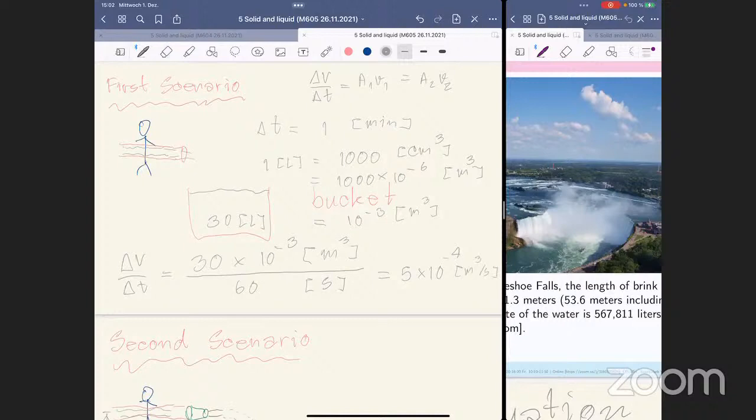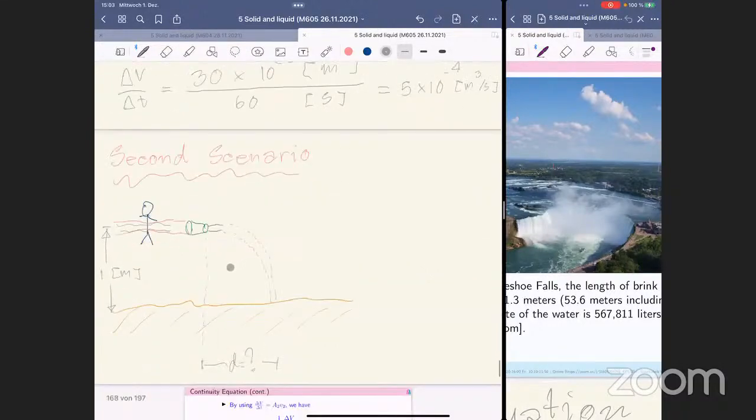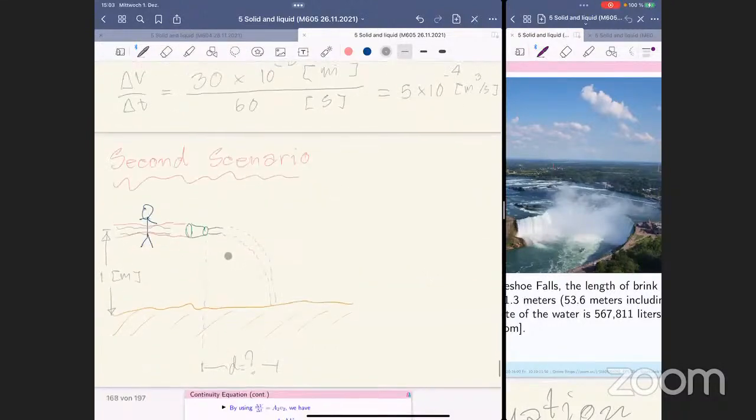Cubic meter per second, that's the water flow rate in terms of volume. Okay, that's the left-hand side of the continuity equation that can be derived from the first scenario. All right. So in the second scenario, let's try to determine the distance here.